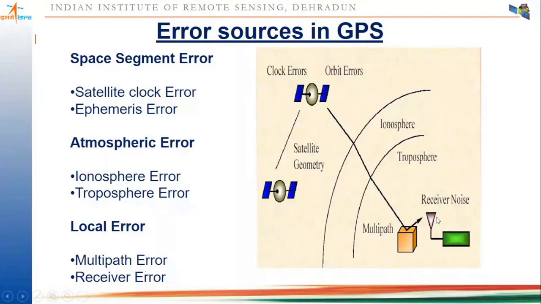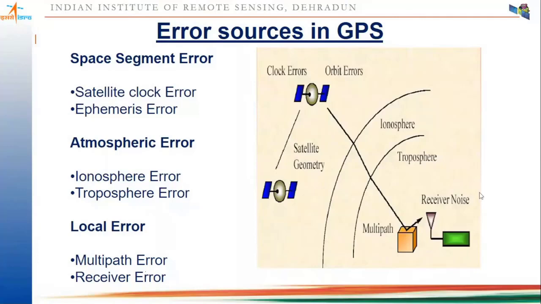Instead of reaching directly from the satellite to the receiver, it follows another path, reflected from buildings, roads, or different surfaces. Okay, so these types of errors are there. These have to be removed for precise positioning.